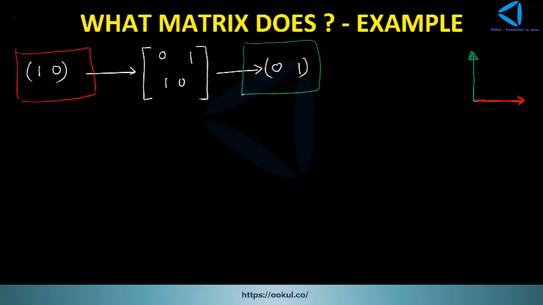Let us generalize it by taking a generalized vector which depends on the value theta. Say you have a vector r cos theta, r sin theta, and you are giving it to the matrix 0 1 1 0.